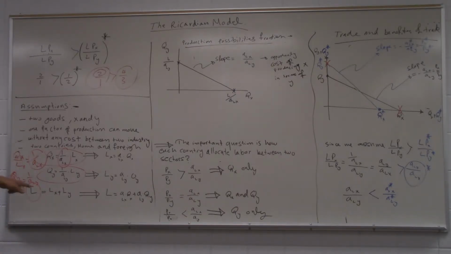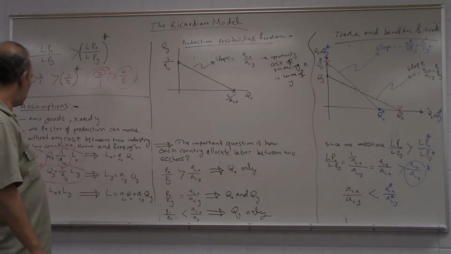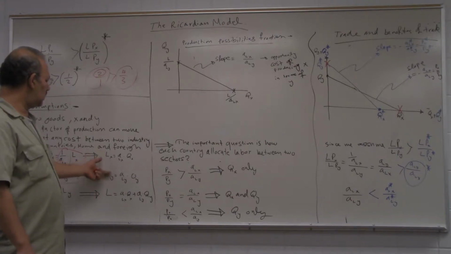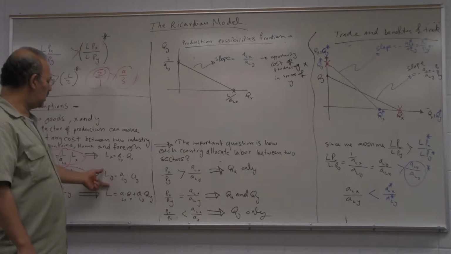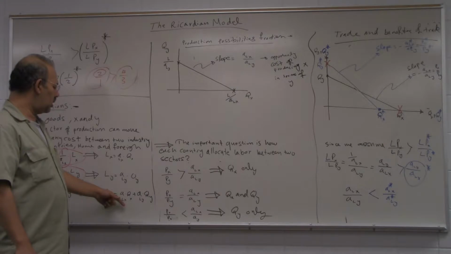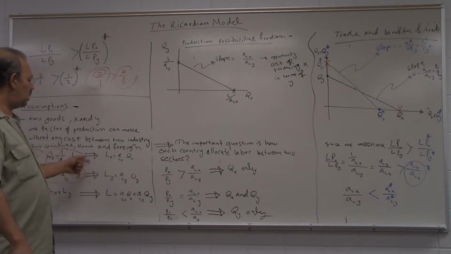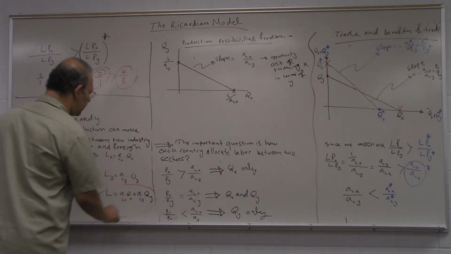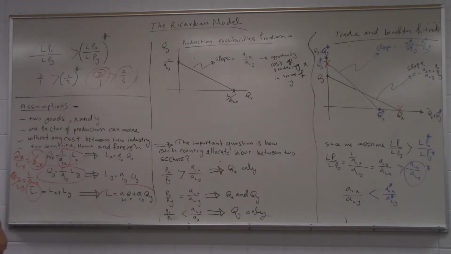And if we substitute how much labor is needed to produce some amount of quantity in each sector, we have this equation, and this equation is very important in deriving the production possibilities frontier.